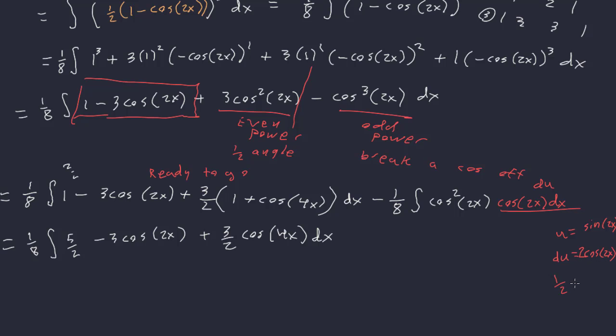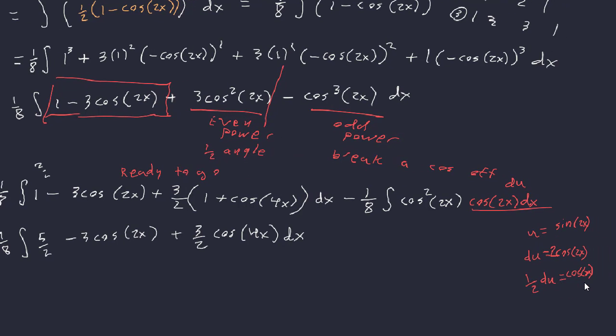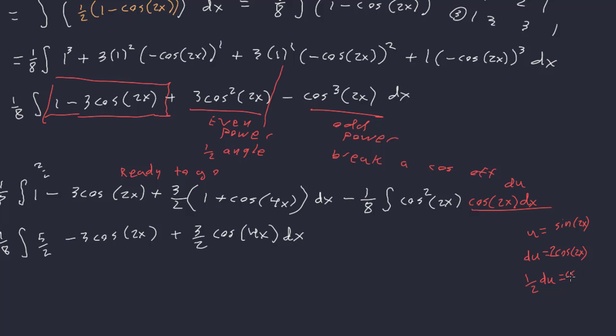So we're doing 1/2 du is equal to cosine of 2x. So this will actually be a 1/2 du. All right, all these fractions get to be worked in.